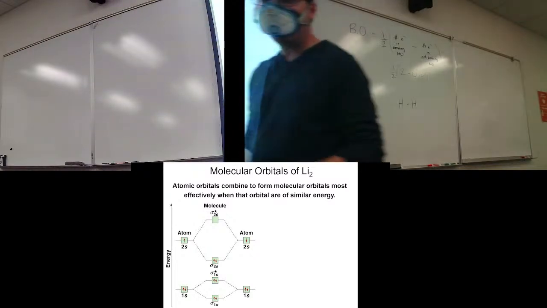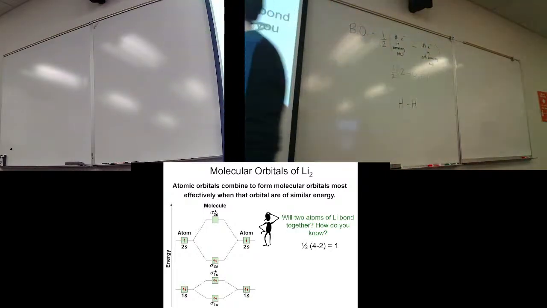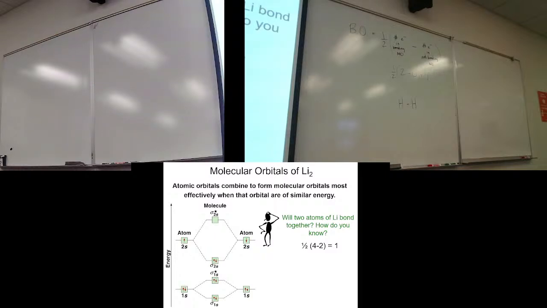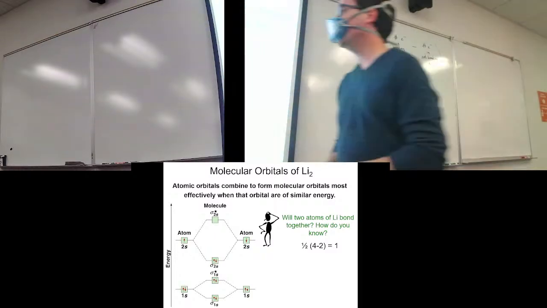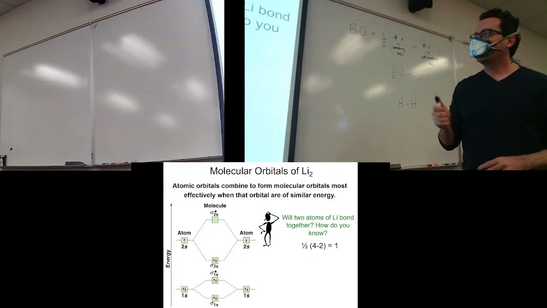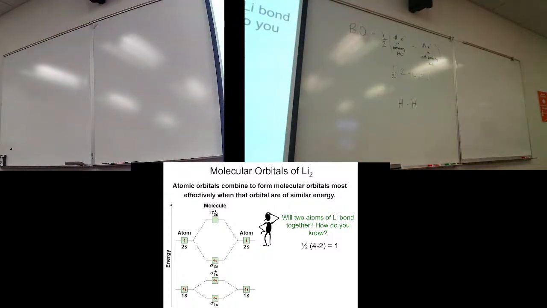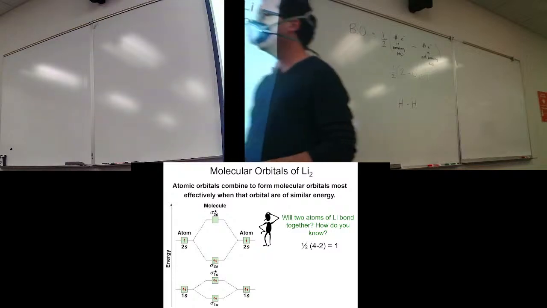If you calculate a bond order, there are 4 electrons in bonding MOs, down here, 1, 2, 3, 4, and then there are 2 electrons in anti-bonding MOs. I forgot to mention that in addition to the anti-bonding MOs being higher in energy, they're usually labeled with an asterisk, a star.